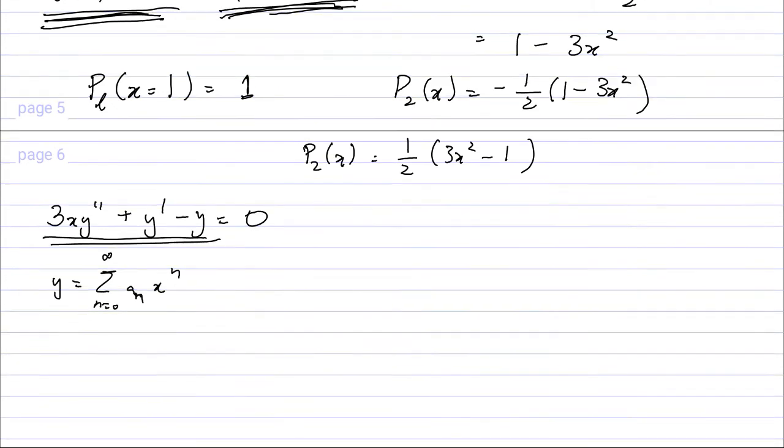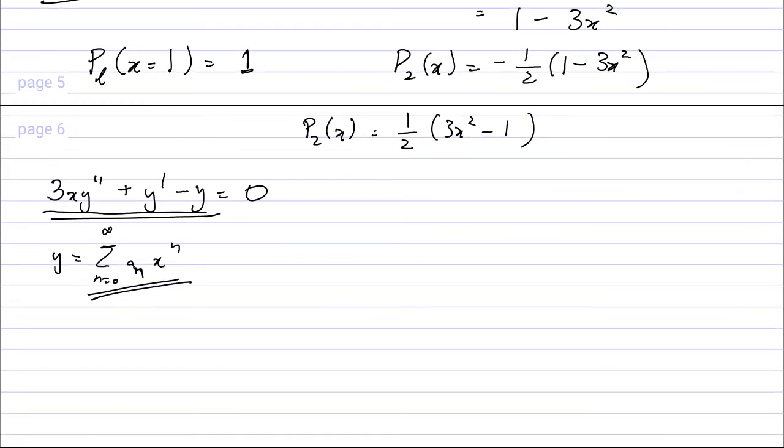You need to generalize this power series. First of all, you divide your singular points into two categories. You have your regular singular point, and then you have irregular singular point.